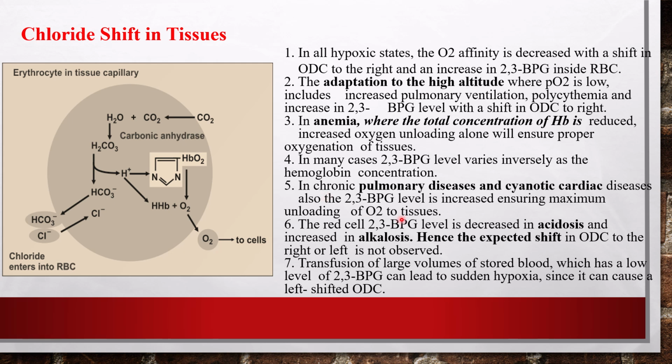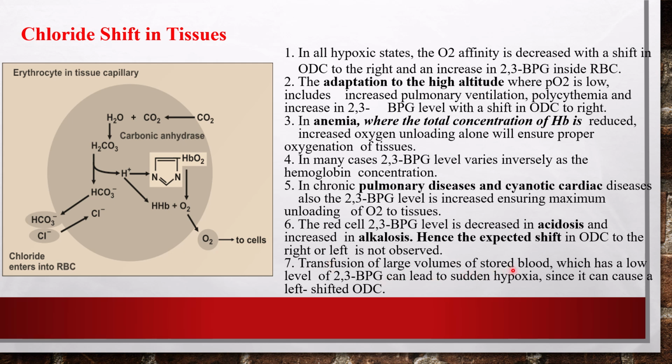So it has a vast and very important role in unloading oxygen to the site where oxygen is very much required. The 2,3 BPG level in the red cell is decreased in acidosis and increased in alkalosis. Hence, the expected shift in the oxygen dissociation curve to the right or left is not observed.